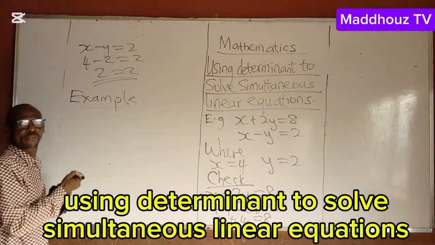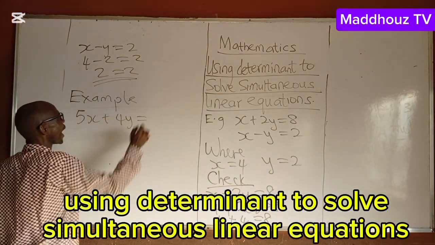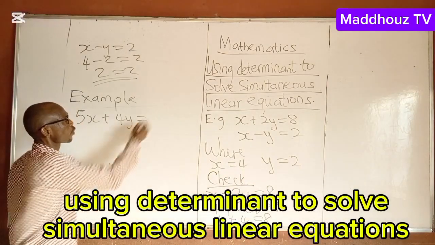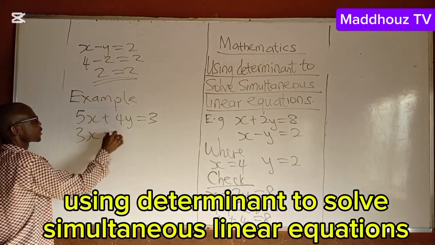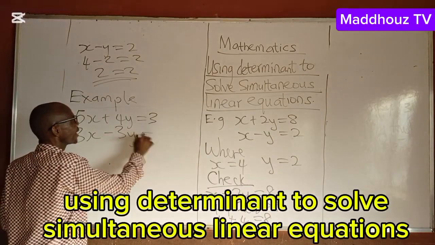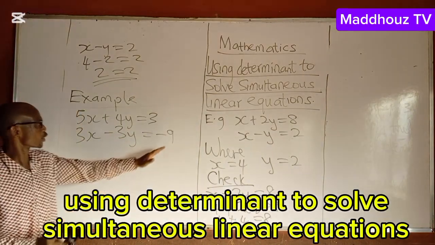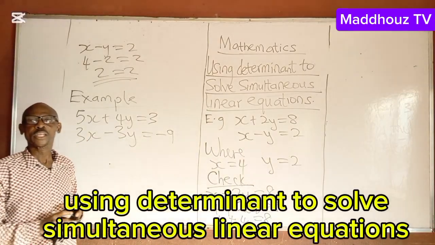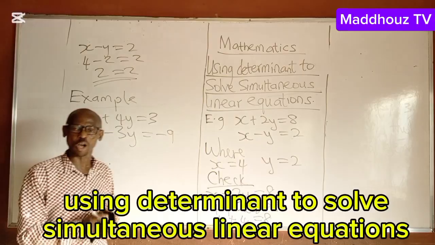Let's say we have 5x plus 4y equal to 3, and we also have 3x minus 3y equal to minus 9. Let's say this is a simultaneous equation given to us, and we want to use determinants in solving it.